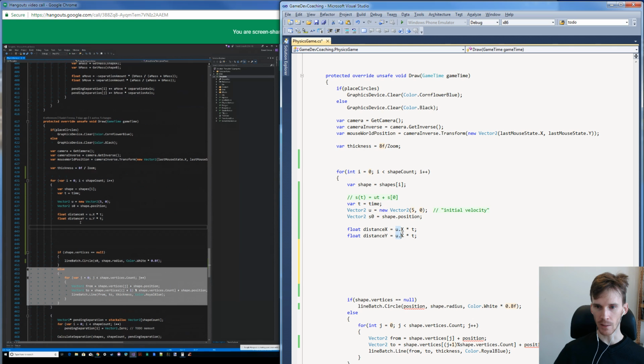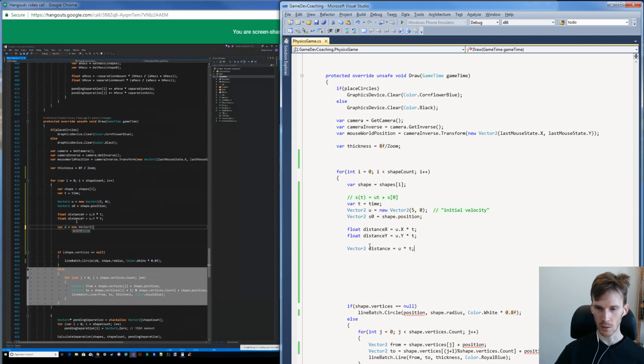And this one here, we've got x and y, and coming out the other end, we've got x and y. So what we can do here is Vector2 distance equals u times t. So we can actually combine that.